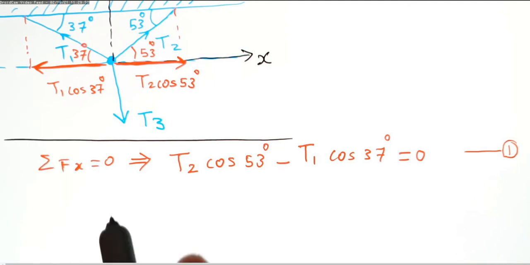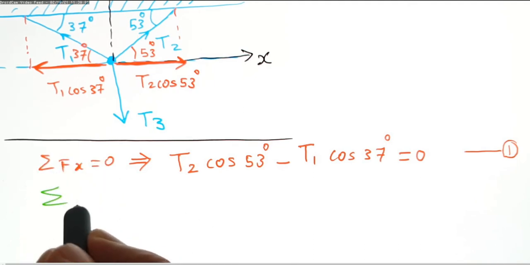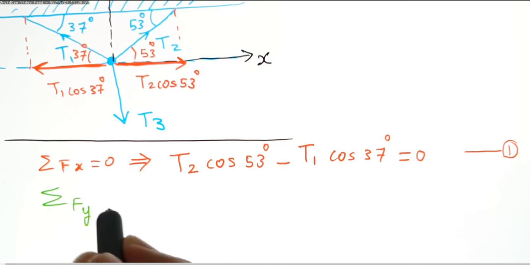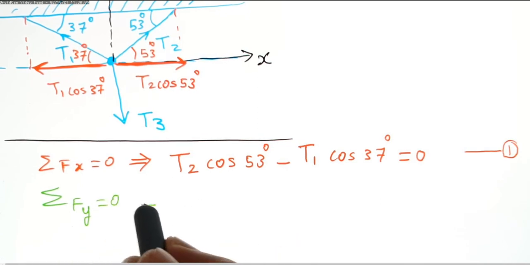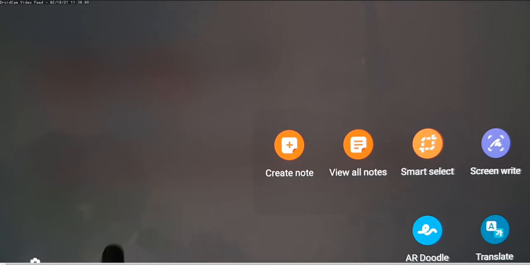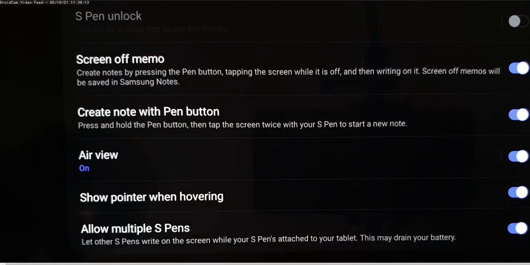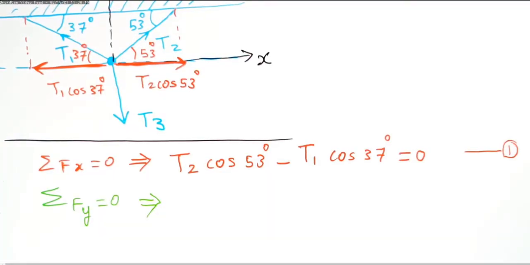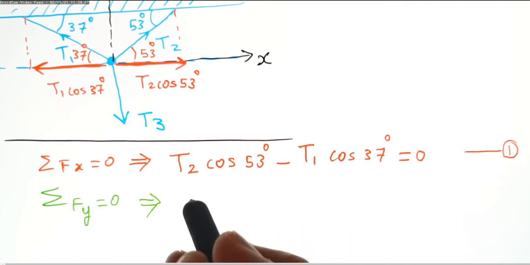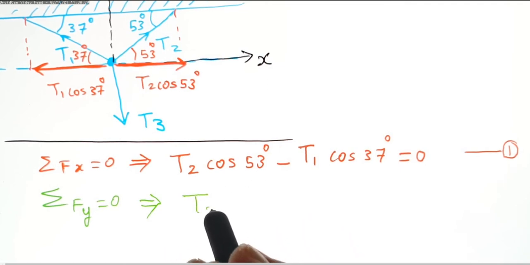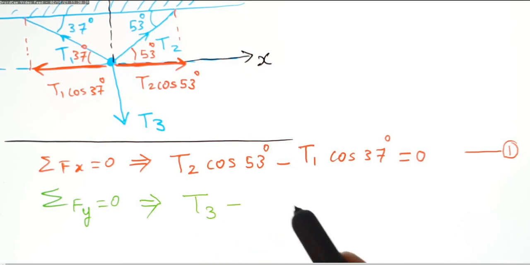Okay. Now, summation of forces in the y-axis must equal to 0. Let's see the forces. You are missing one. Yes, correct. We have T3 minus.